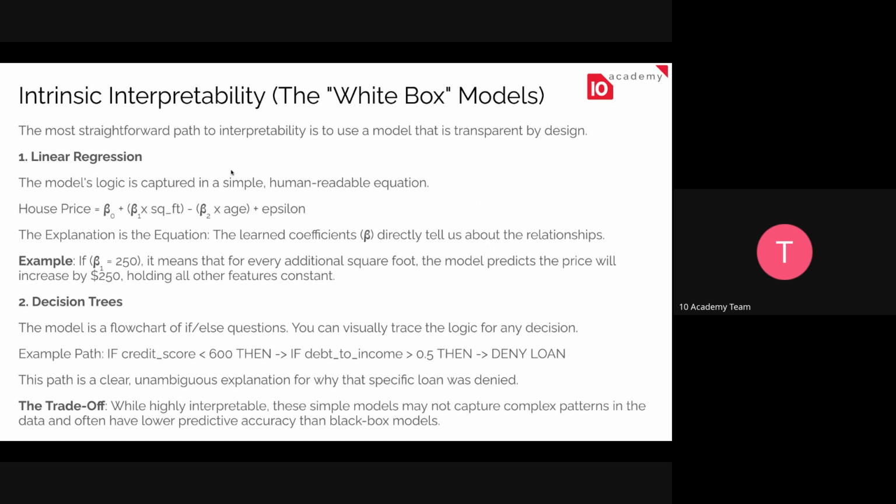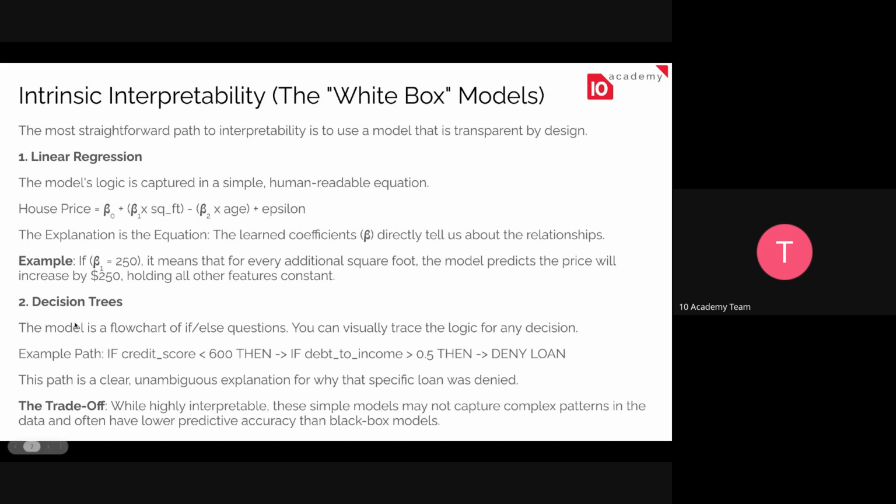For example, if beta 1 is 250, then for every additional square foot of area for that house, the price is going to go up by 250. You can directly see it by just looking at the formula. Of course, we can also see the coefficient weight by taking a look at the demo.